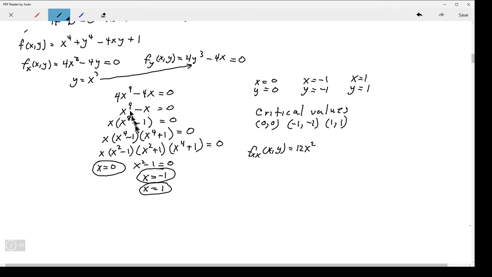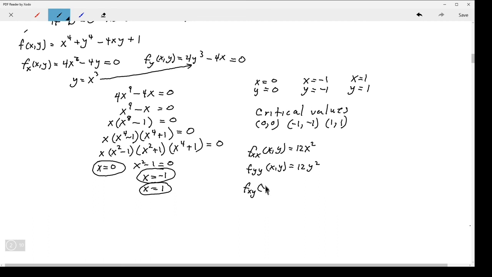That's going to be 0. All right. fyy, that's this one. With respect to y, that's going to be 12y squared. That's going to be 0. And then I need fxy.